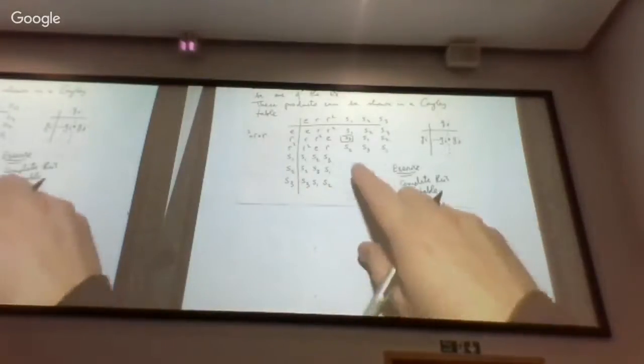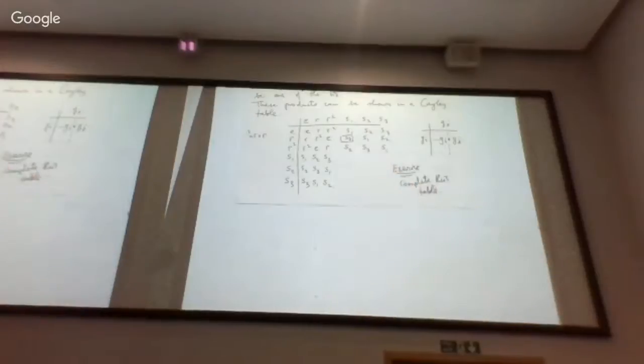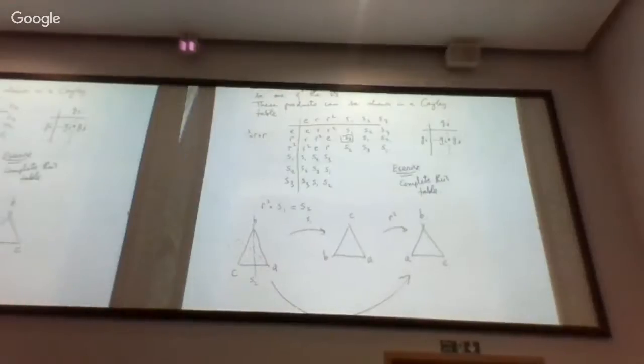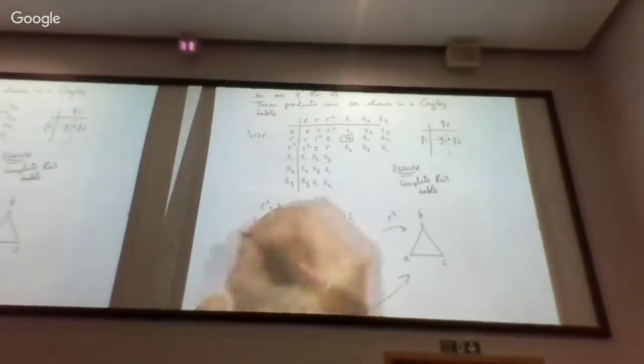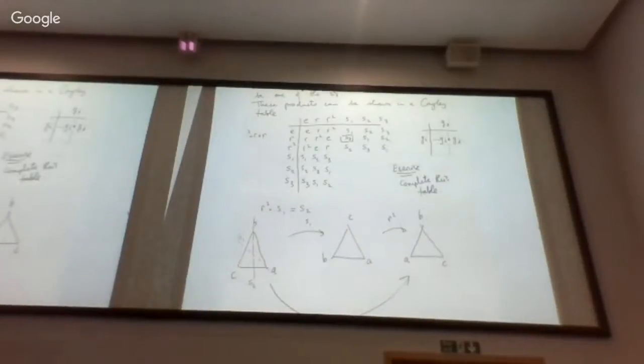Then we come to the lower bottom right grid of the table, where we have to work out the composition of two reflections. What do you get when you compose S1 with itself? This axis here was the axis for S1, going from vertex A. When you apply reflection in the axis S1 twice, what do you get?